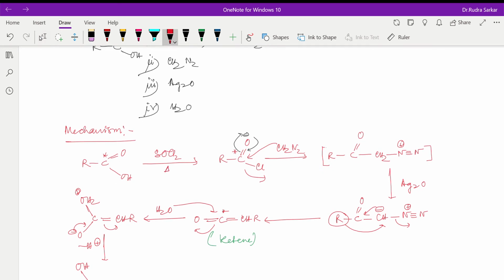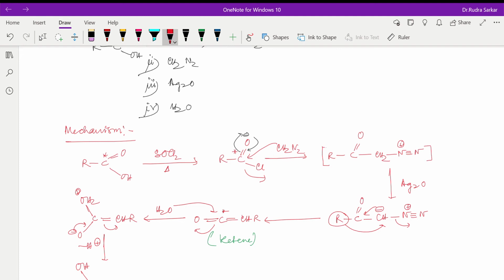SOCl2 with heat will give you acid chloride, which undergoes nucleophilic addition substitution reaction, in which Cl will be removed and CH2N2 will be joined.